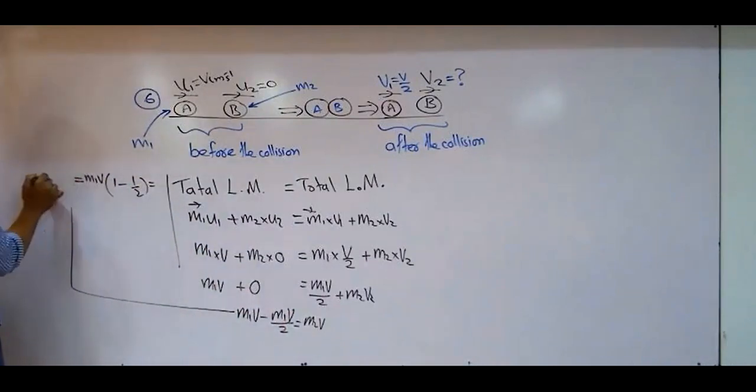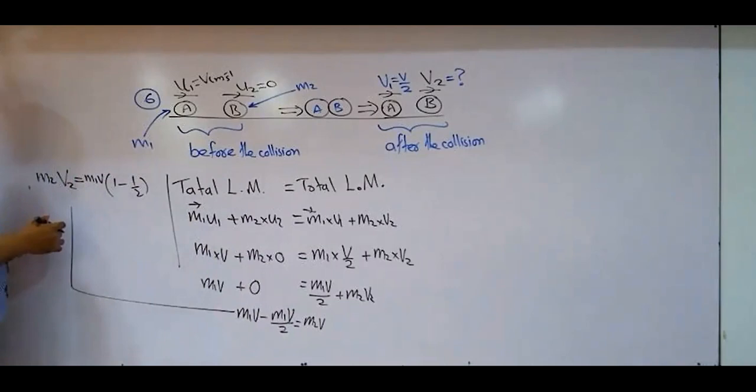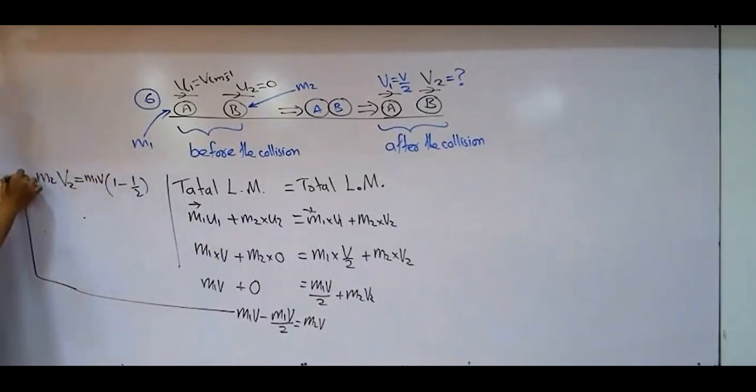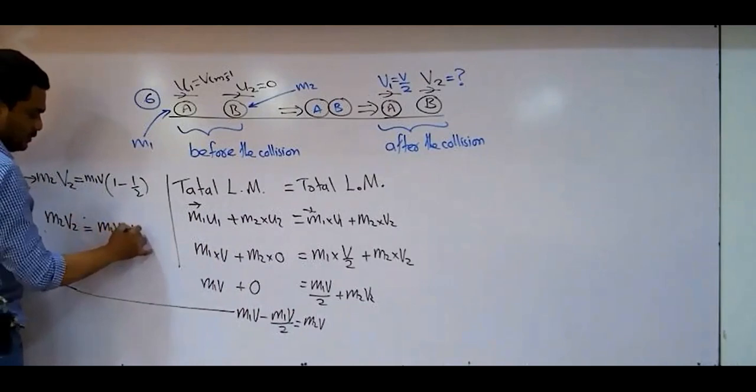So this is equal to m2 v2. What is 1 minus half? 1 minus half is half. So m2 v2 equals m1 v into half.